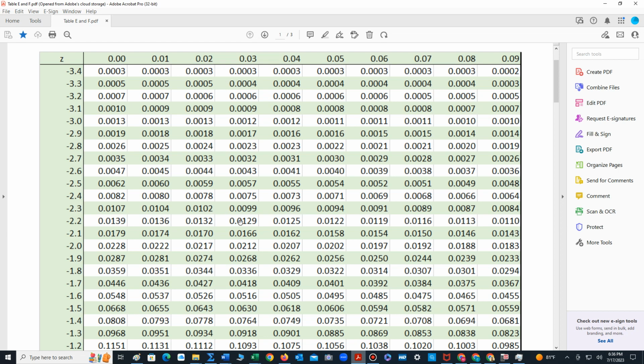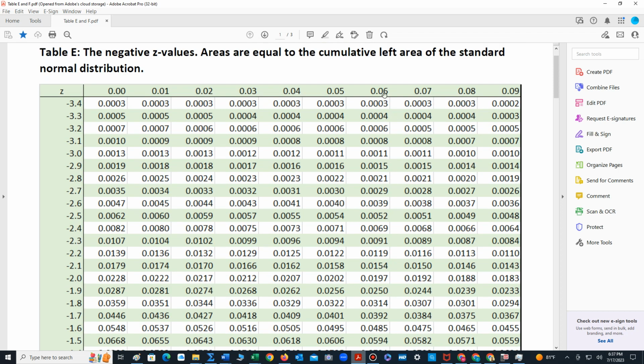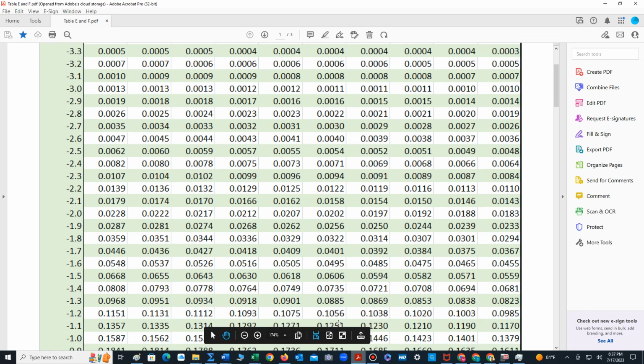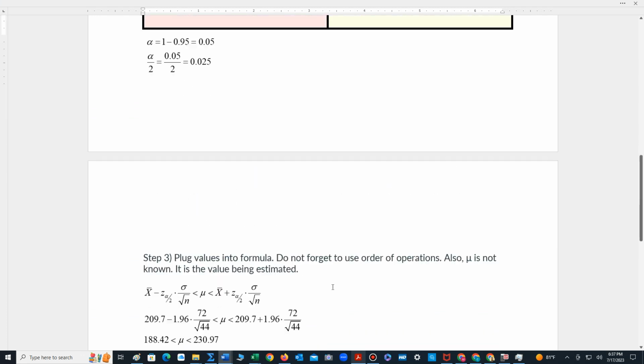So we have to search out the area closest inside of this area section, and it turns out that this is the area, 0.025. Now we look to our left, we have negative 1.9, and we look up 6, so it's negative 1.96. We want the positive version of that, so positive 1.96. And so that's going to be the z value.